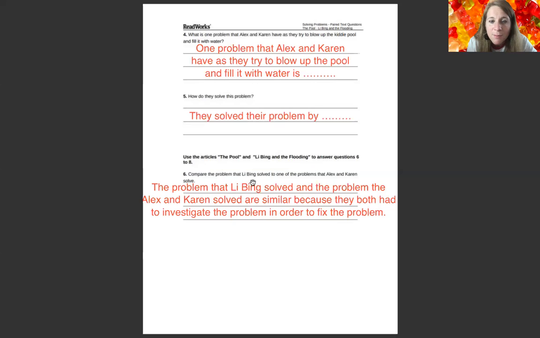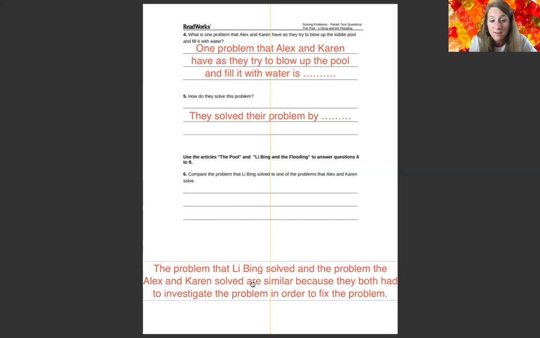Compare the problem. Okay, you know what I did actually? This actually answers question number 7 right here. This is how they solved it, okay? So this is comparing how they solved it.